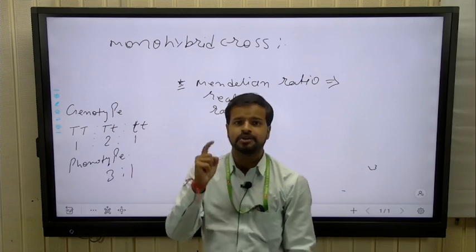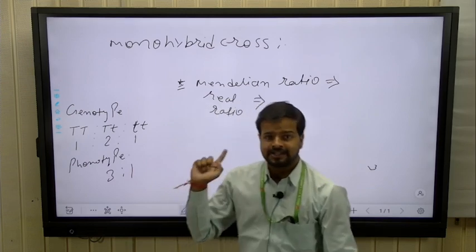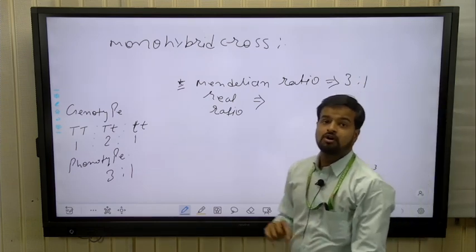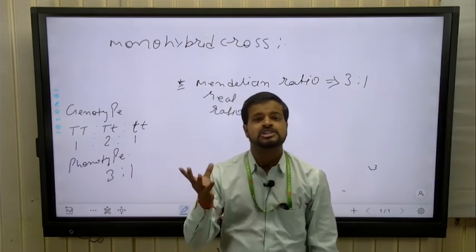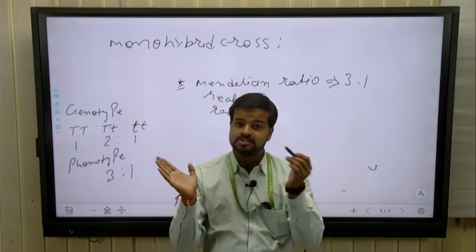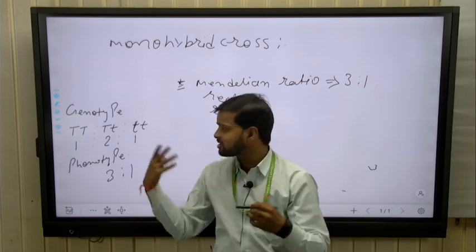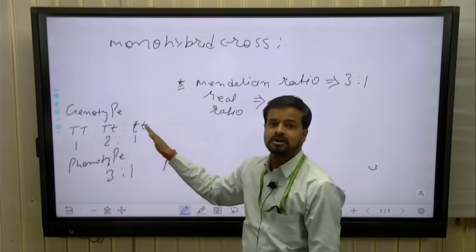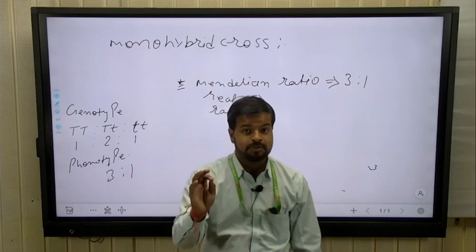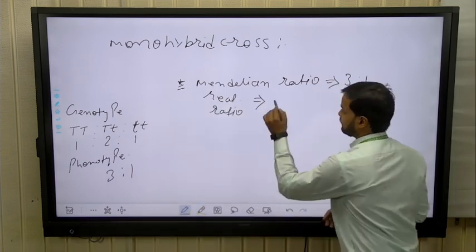That means the Mendelian ratio depends on the phenotype. That's why the Mendelian ratio is 3:1. But what is the real ratio? Real depends on the genetic composition. That means what is the genotype? Capital T, capital T, capital T, small t and small t, small t, as shown. That means the genotypic ratio works as the real ratio.